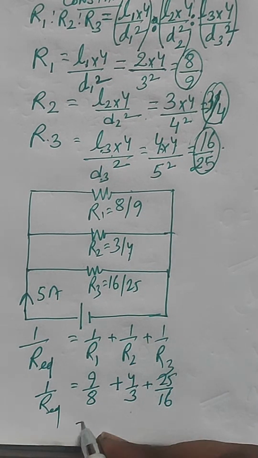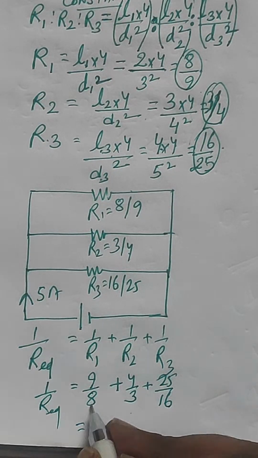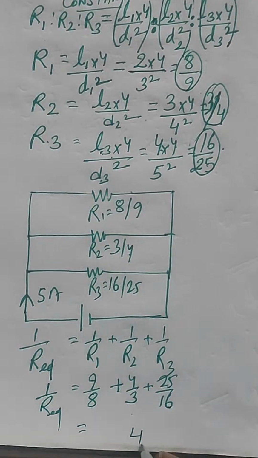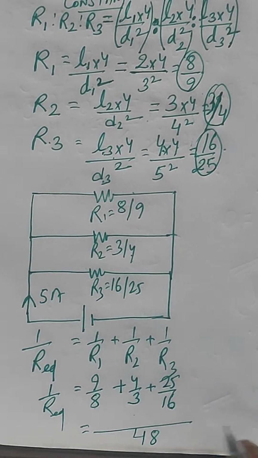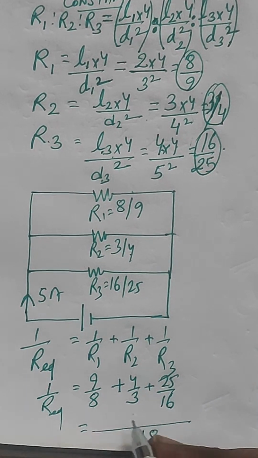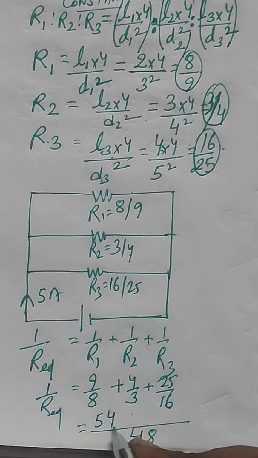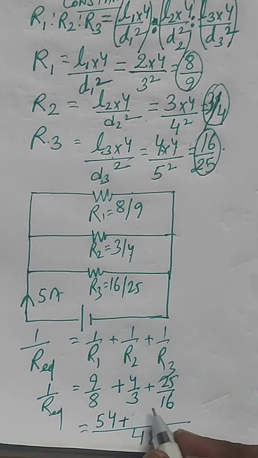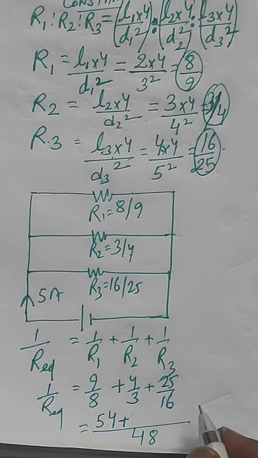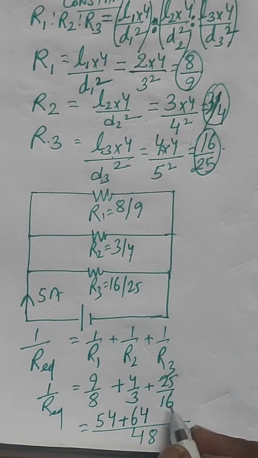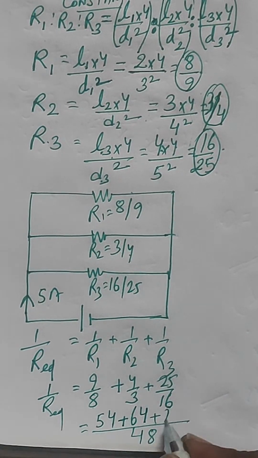So this will be giving you 8 and 16. The LCM will be 16. 16 into 3, 48. So 48 will be the LCM, and into the numerator we have 8 into 6, 6, 9, 54, plus 3, 16, 16, 4, 64, 16, 3, 3 into 25, 75.